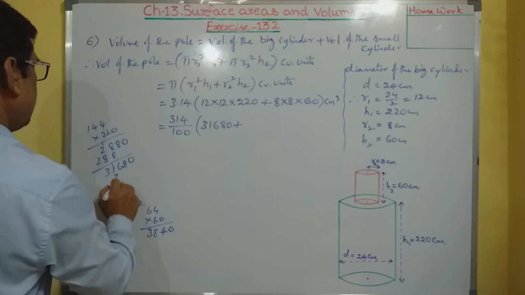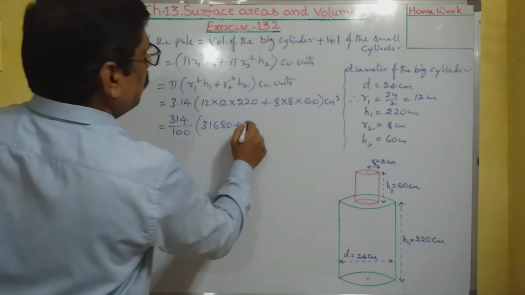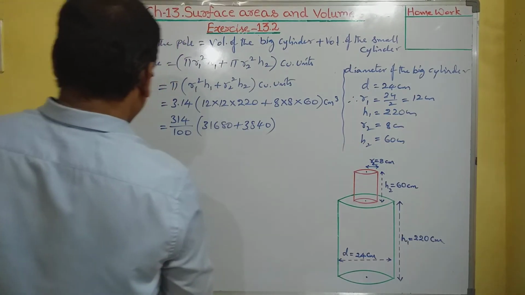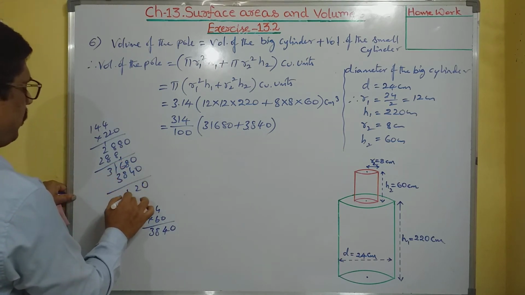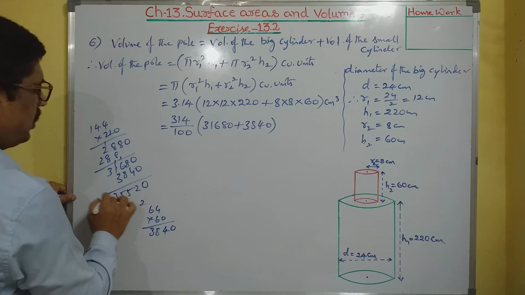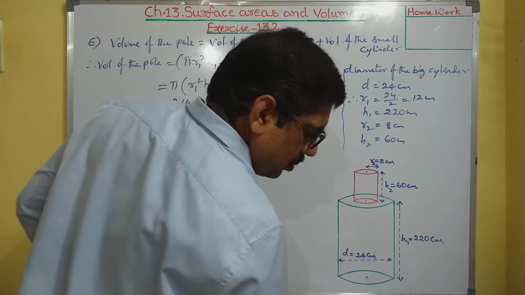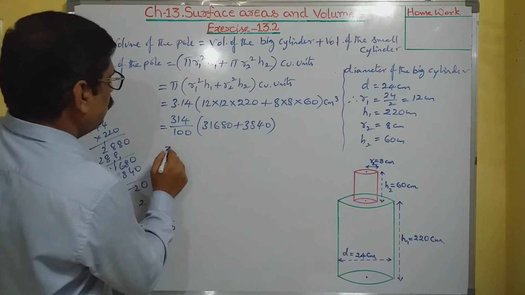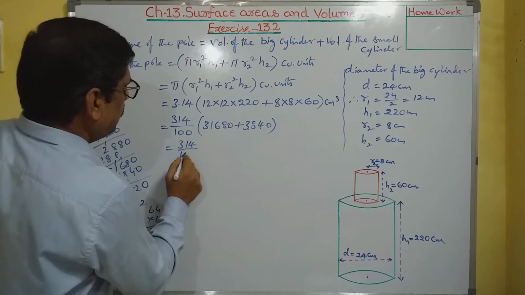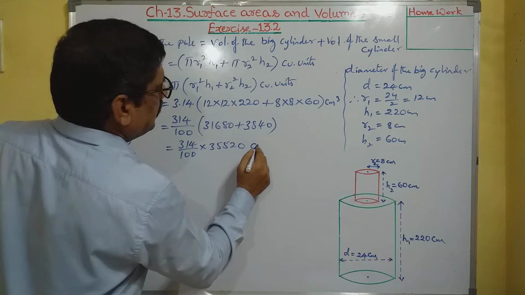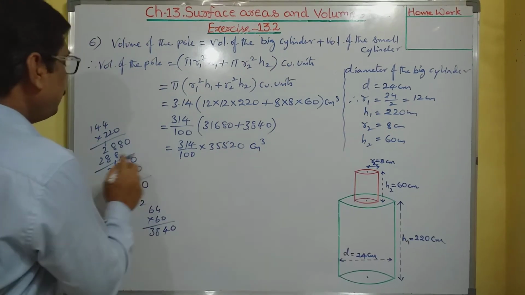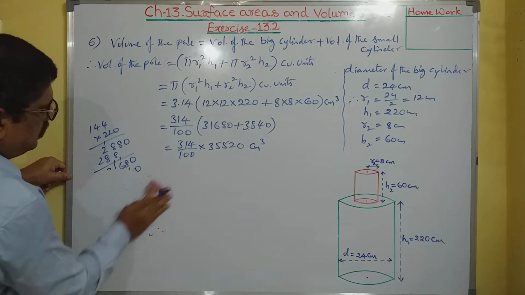So we have to add 3840 to this 31680, and we get 35520. So we get 314 by 100 into 35520 centimeter cube. This is the volume of the pole.